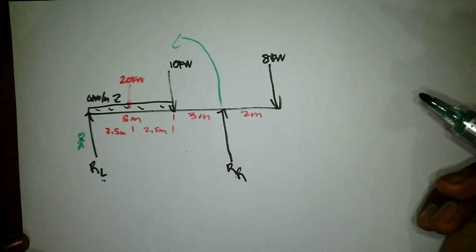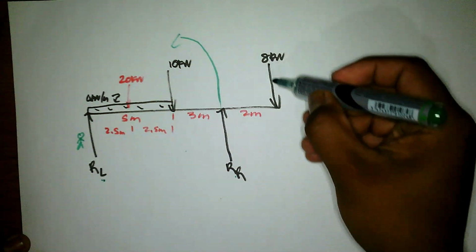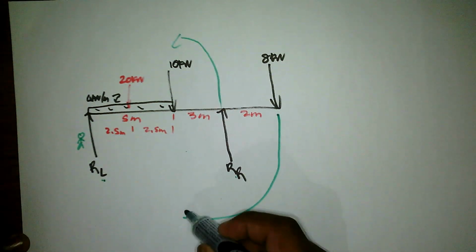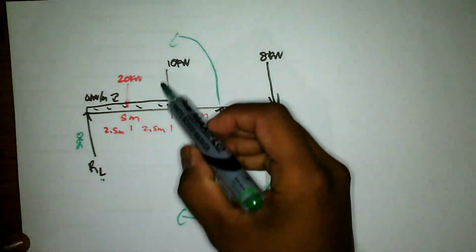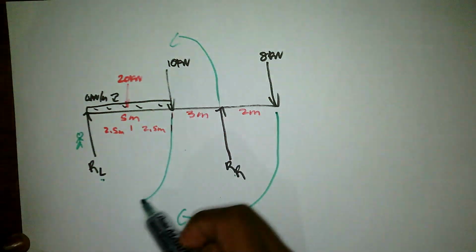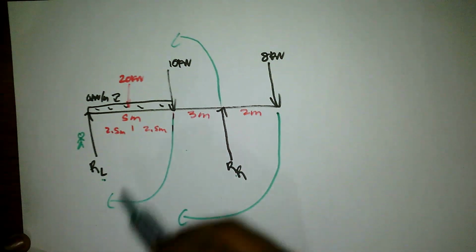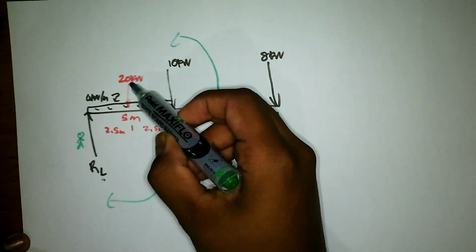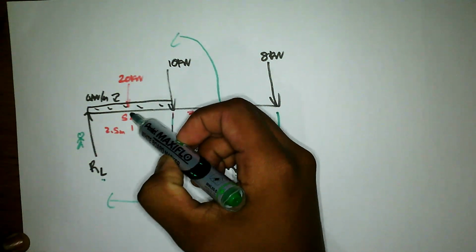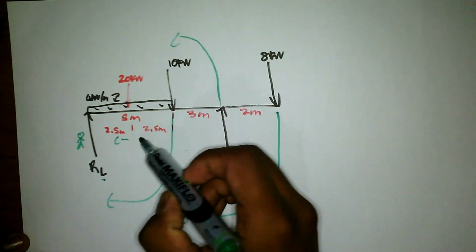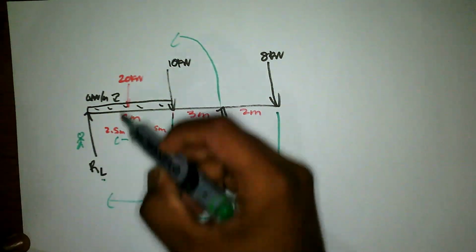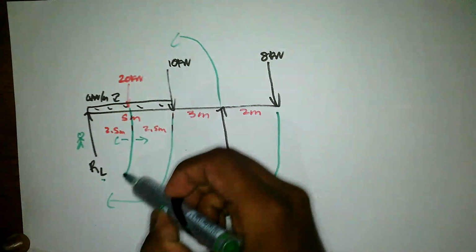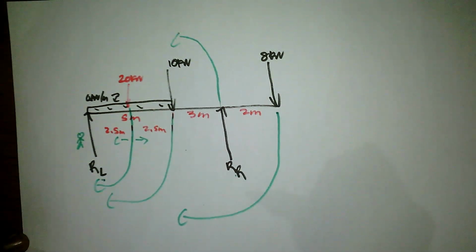The 8 kilonewtons is going clockwise. The 10 kilonewtons is going clockwise. This 4 times 5 UDL gives a point load of 20 kilonewtons in the center of that 5, 2.5 meters this way, 2.5 meters this way. So this 20 kilonewtons point load is going anti-clockwise as well.